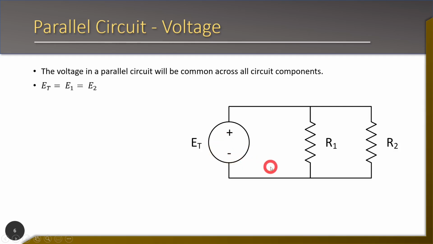So our total voltage is going to be equal to the voltage that we experience across R1 and the voltage we experience across R2. So all three of those are going to be the same voltage. So if our total voltage is 20 volts, the voltage across R1 will be 20 volts, and the voltage across R2 will be 20 volts.